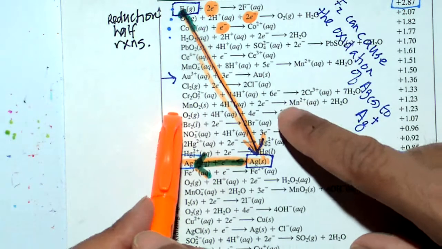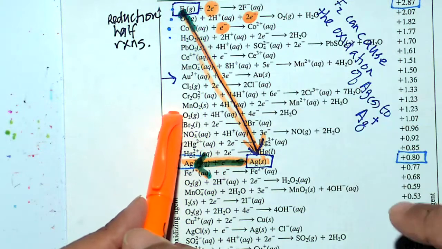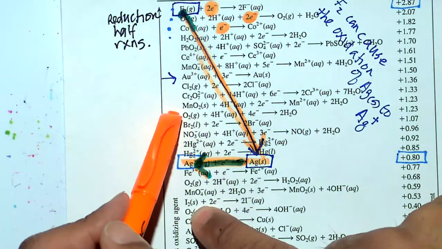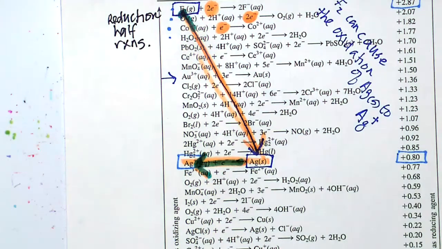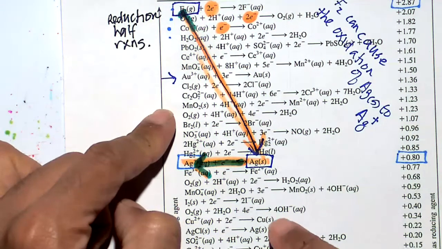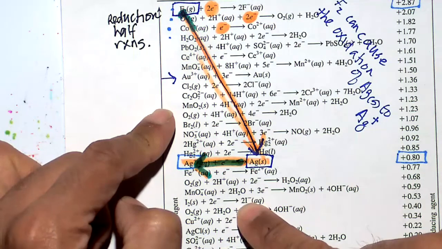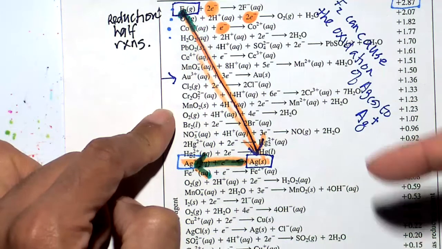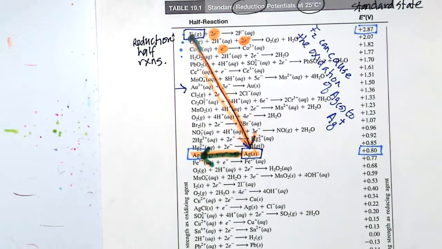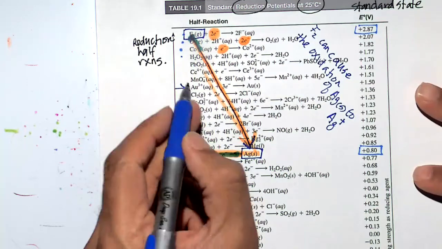How about O2? Can O2 oxidize I minus to I2 solid? Yes, because O2 is here and I minus is below it. It can cause anything beneath it to flip and get a positive value.